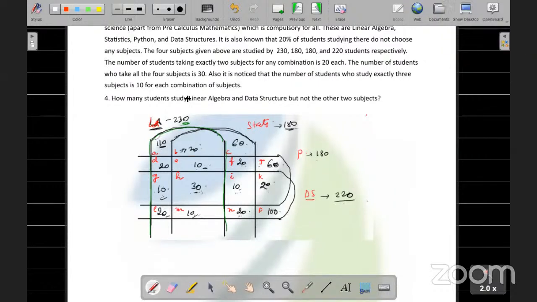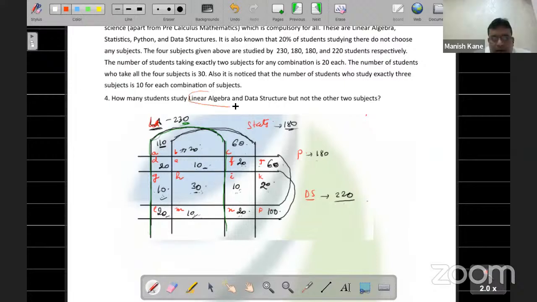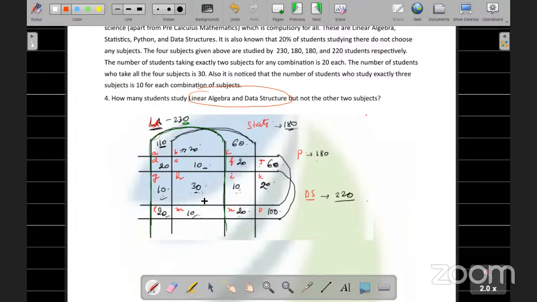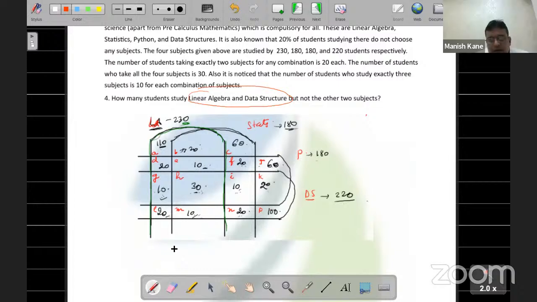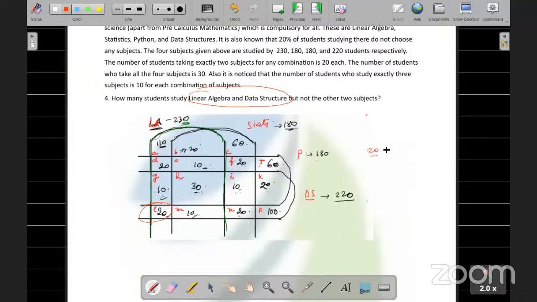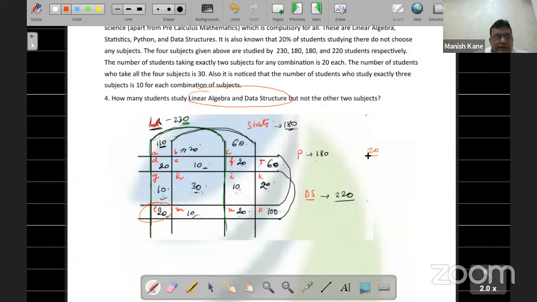Look at the area that is common to linear algebra and data structures only, and that is this area. 20 is my answer. Have you understood this clearly? Yes, sir.